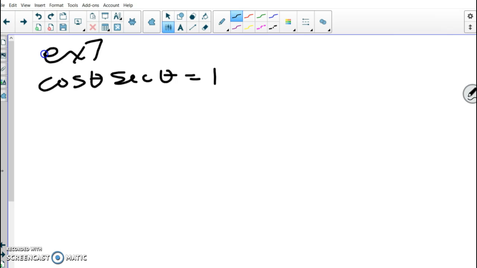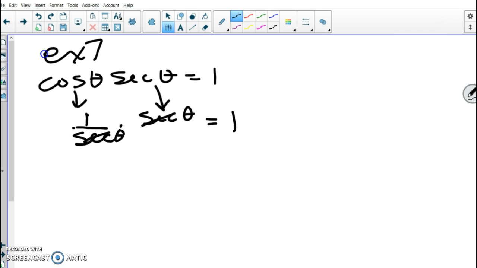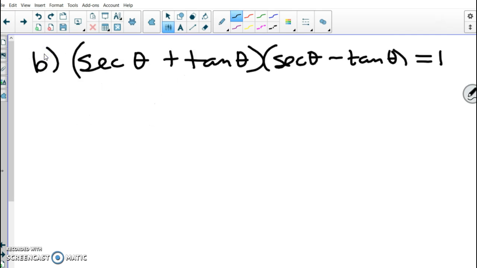So we know that cosine and secant are reciprocals of each other. So we could simply write cosine as 1 over secant and multiply that by secant theta. We change the first one, and then we can simply and easily see that that is indeed equal to 1.